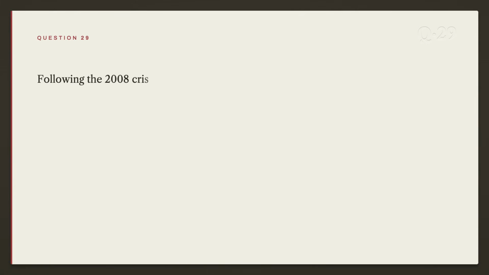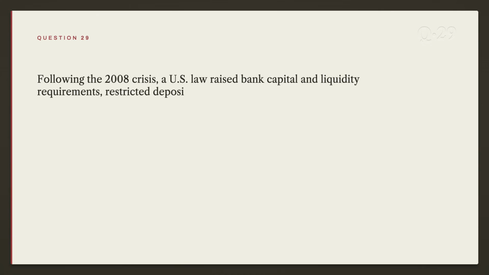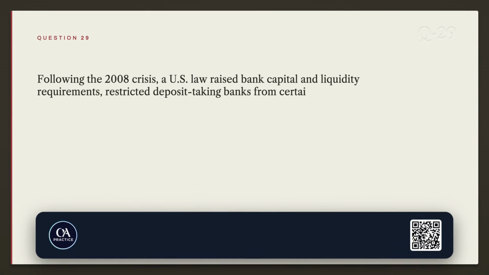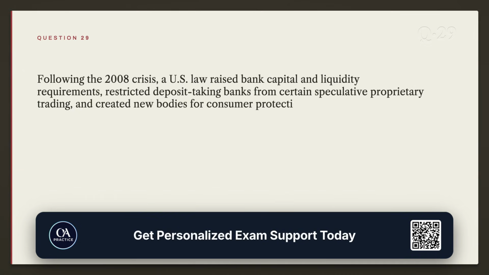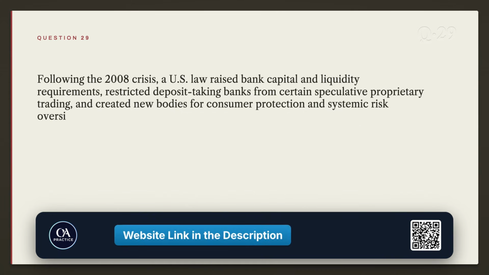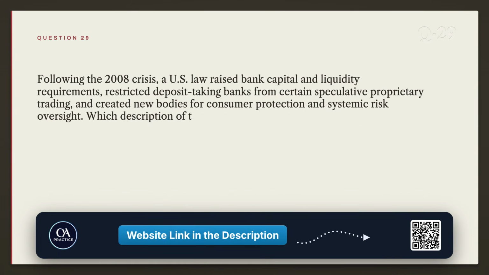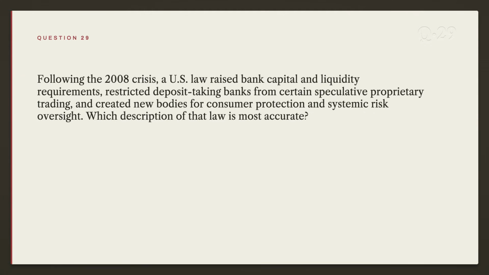Question 29. Following the 2008 crisis, a U.S. law raised bank capital and liquidity requirements, restricted deposit-taking banks from certain speculative proprietary trading, and created new bodies for consumer protection and systemic risk oversight. Which description of that law is most accurate? Your options are A. Glass-Steagall, which fully separated commercial from investment banking once again.